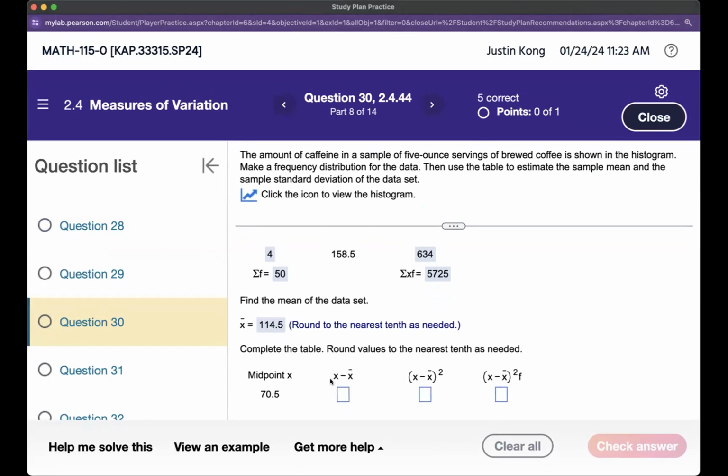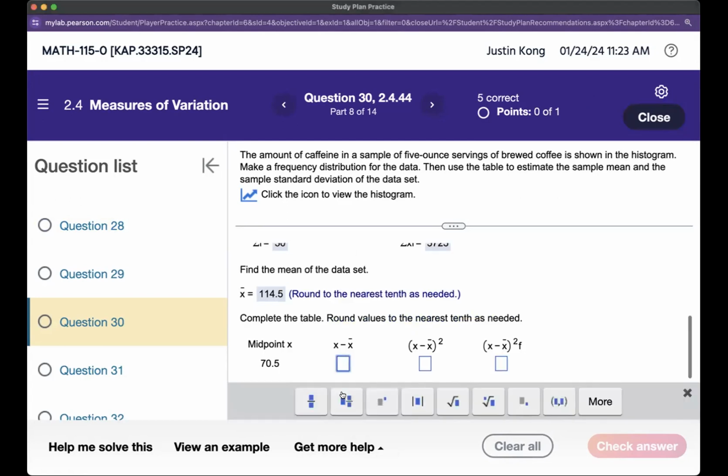Okay, so this is the X minus X bar. That would be the 70.5 minus this 114.5 there. So I'm going to do that on the side. 70.5 minus 114.5. And this question is taking a while, so it looks like we might not get to 2.3 at this rate.